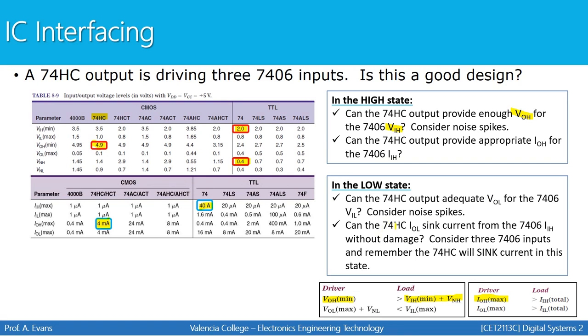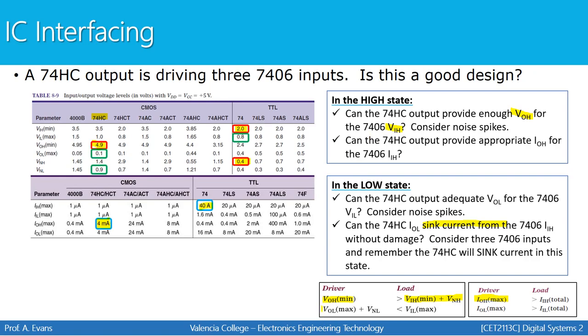And can the 74HC low-level output current sink current from the 7406 without damage? Consider that there are 3 7406 inputs, and remember that the 74HC will sink current in the low state. So now we have to consider that idea of sinking current and not sourcing current like when the state is high.